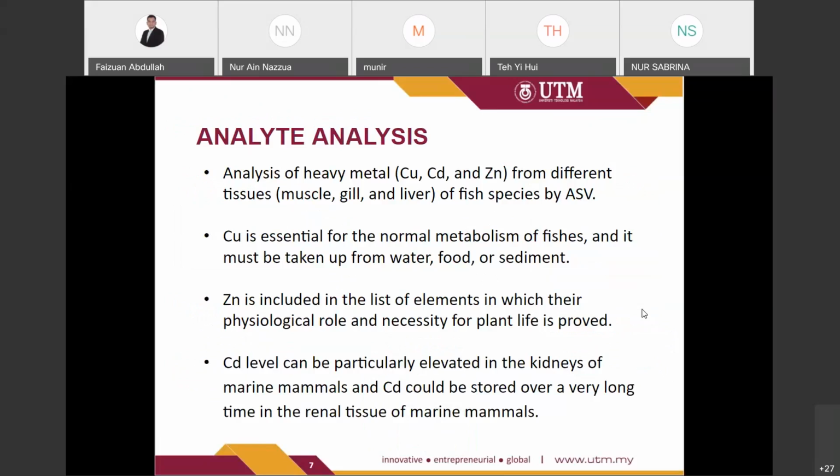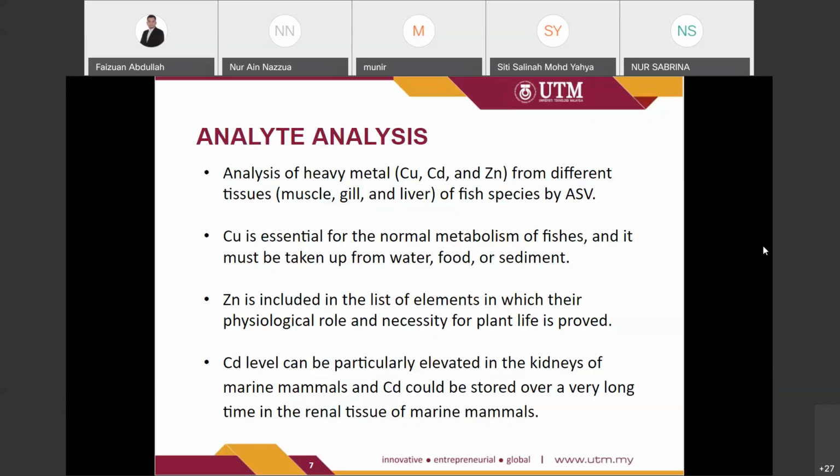Okay, literature analysis. In this journal, the analysis of heavy metals, copper, cadmium, and zinc, from different tissues, muscle, gill, and liver of fish species, just like listed by Sabrina just now, uses the ASV technique. Copper is essential for the normal metabolism of fish, and it must be taken up from water, food, or sediment.